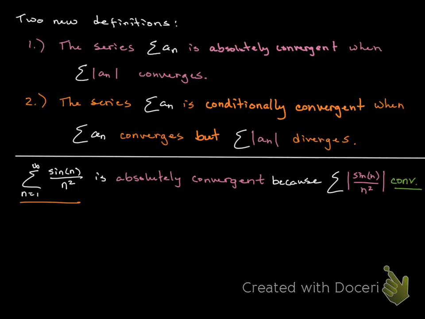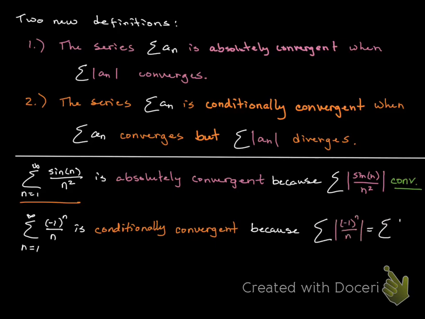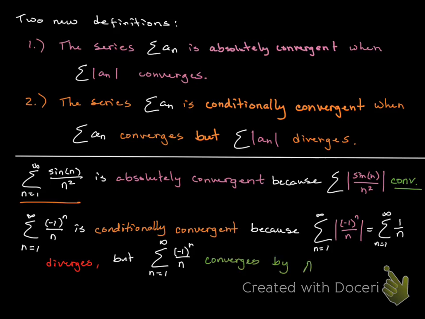But as I was alluding to, a slightly different example, the sum of minus 1 to the n over n is called conditionally convergent. I'm not going to go through everything here, but when I take absolute values, I end up with the harmonic series. That guy diverges, but we're able to show that the original series there converges. We'd have to use the alternating series test.